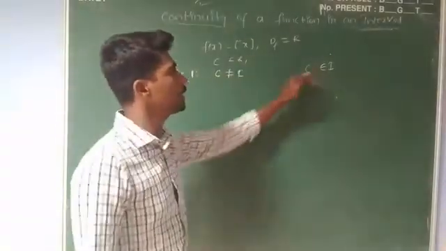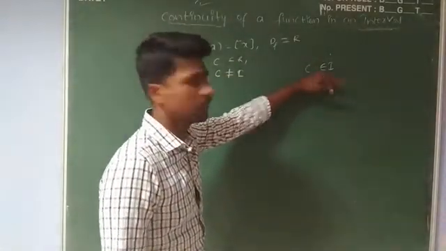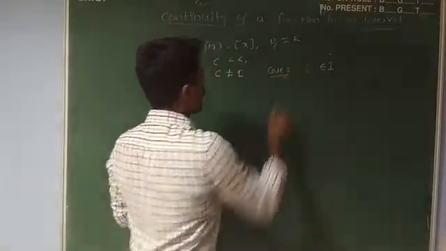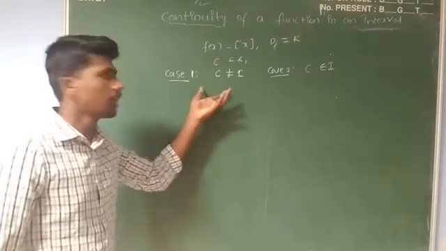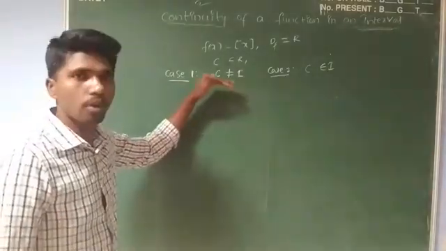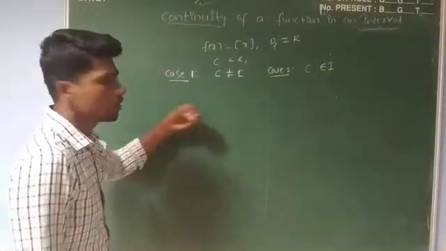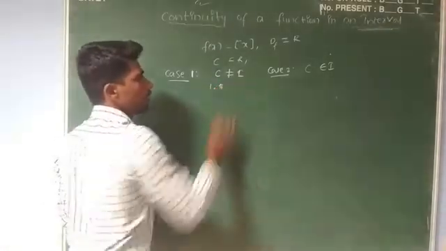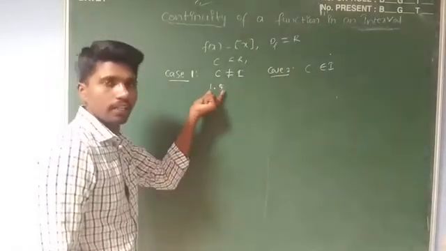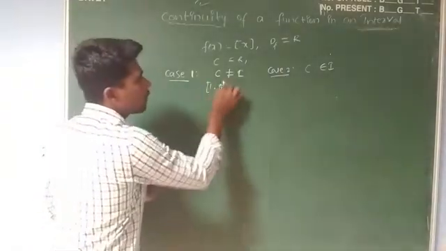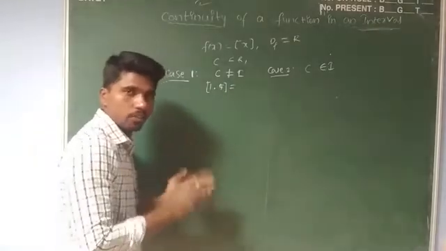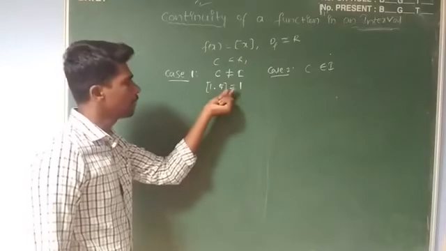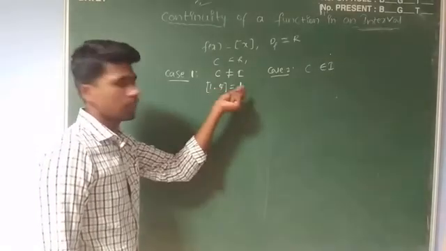If c is not an integer, suppose I consider the number 1.5. So 1.5 is not an integer. Then what is the step 1.5 value? Nearest and smallest, which is 1.